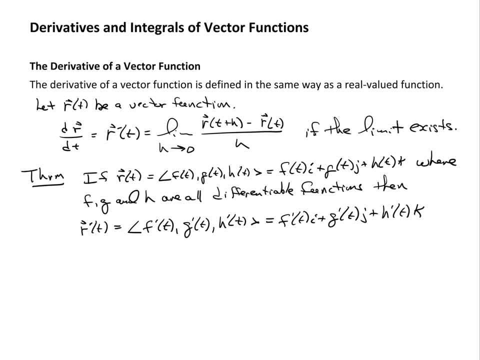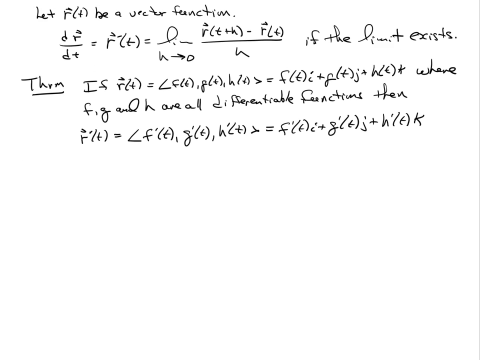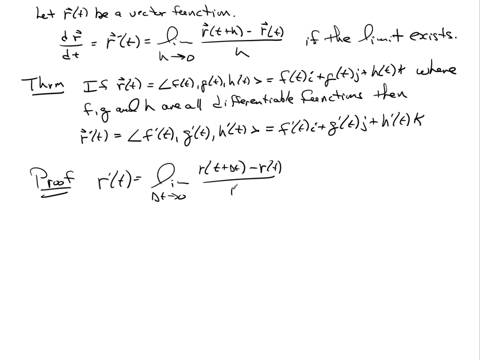Now, let's just take a moment and walk through a quick little proof here. r prime of t, by definition, and I'm going to use delta t's, although I could do this with h's, is the limit as delta t goes to 0 of r of t plus delta t minus r of t, over delta t.